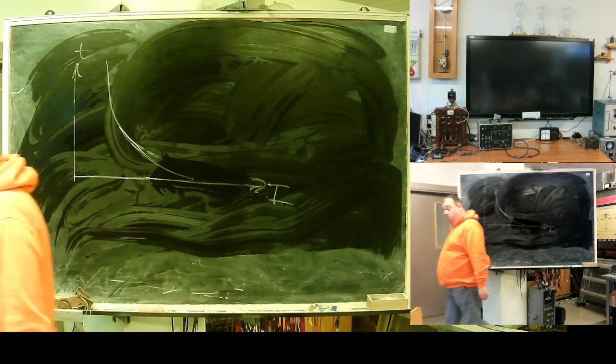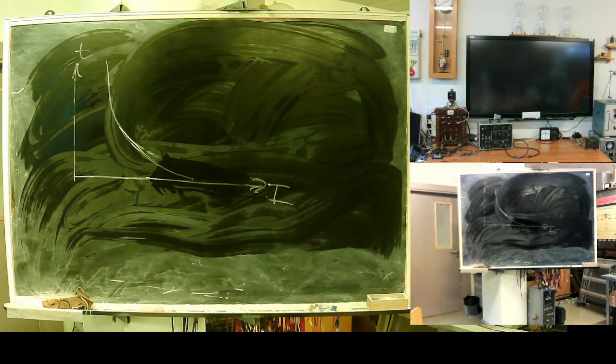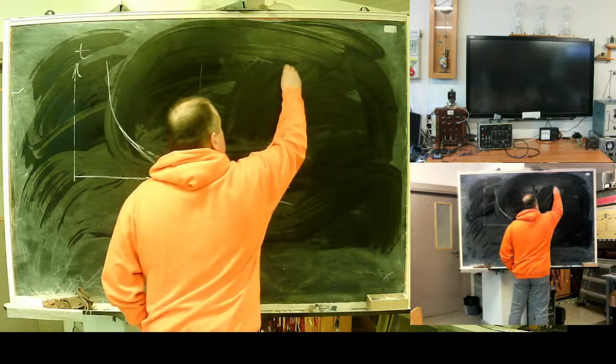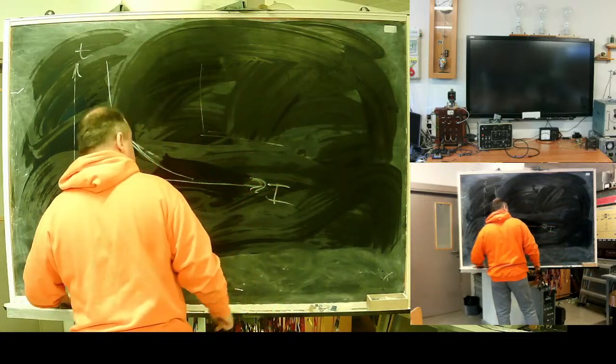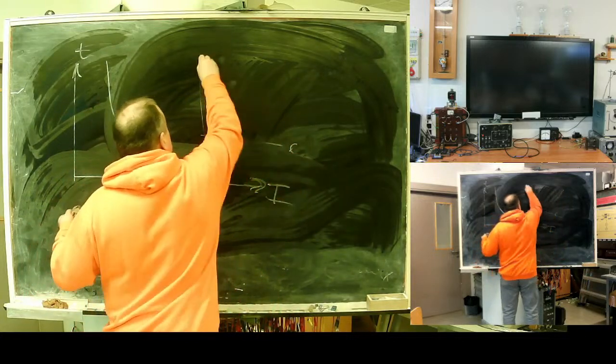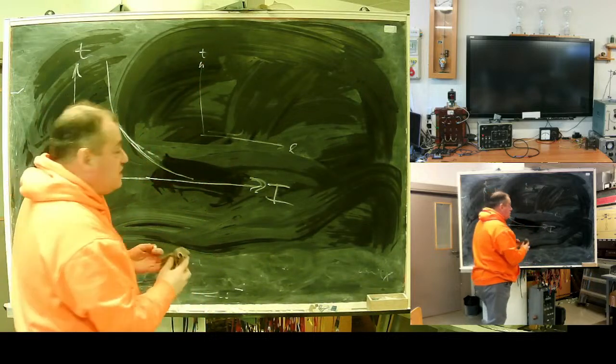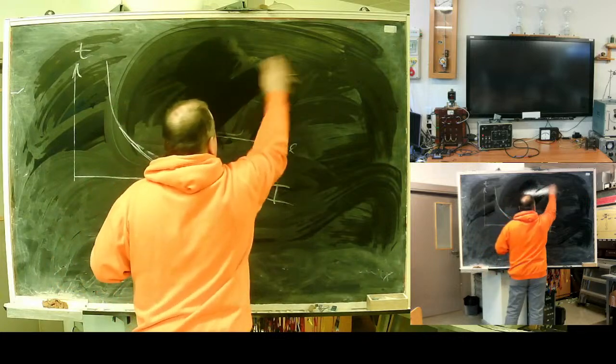Now, a question. We can create a characteristic like this. Distance, time, what will it be in current-time coordinates?